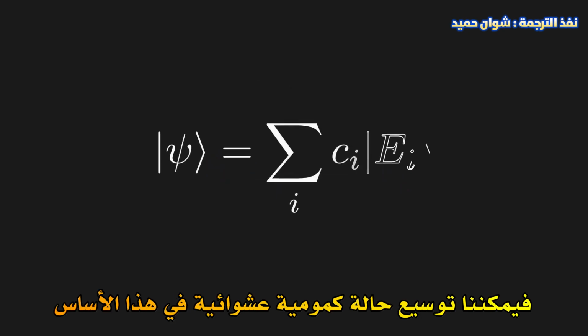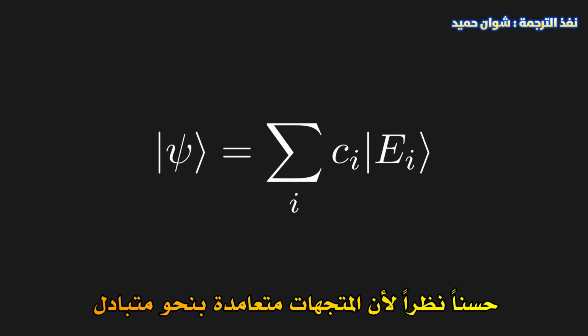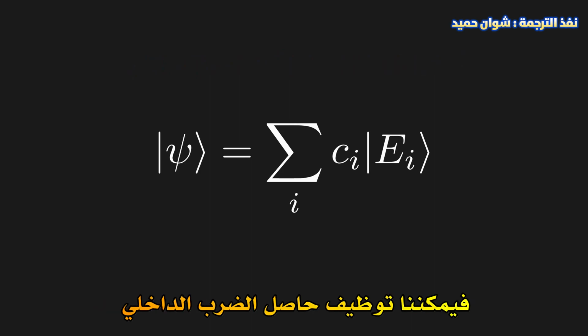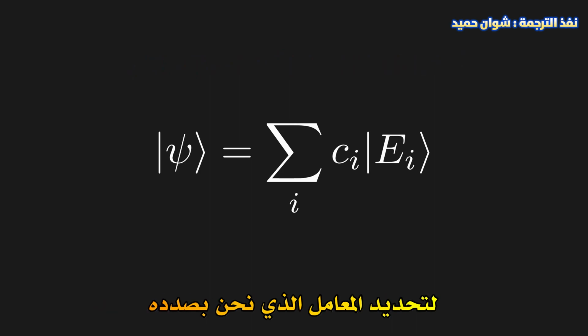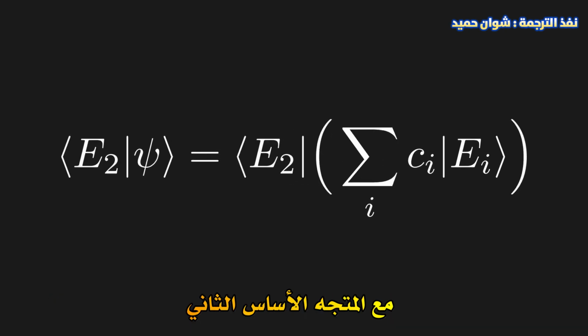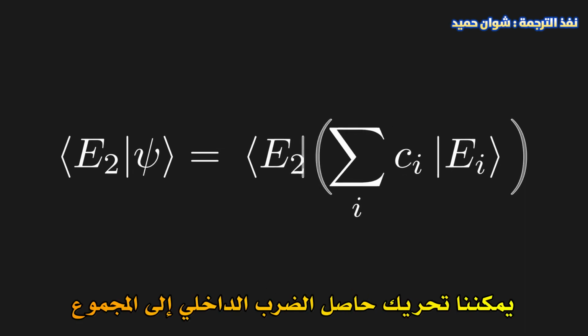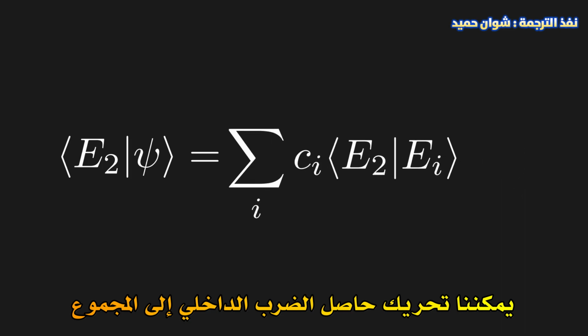So, if we have an orthonormal basis, we can expand an arbitrary quantum state in this basis. Now, how would we get a particular coefficient? Well, because the vectors are mutually orthogonal, we can use the inner product to single out the coefficient that we care about. So if we want the second coefficient, let us take the inner product with the second basis vector. Using the fact that the inner product is linear in the right slot, we can move the inner product into the sum.